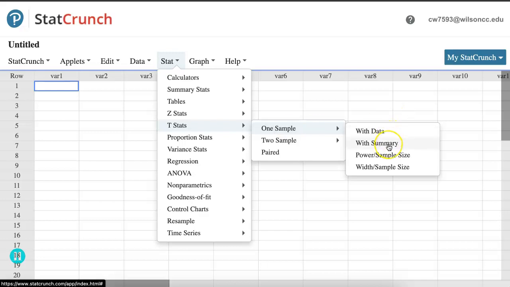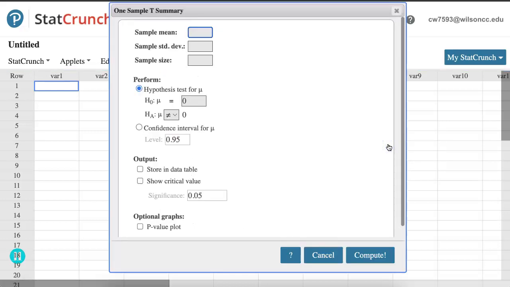And in this case, we have a summary. We were given the mean, standard deviation, and sample size. So we're going to do With Summary. Let's type in that information for sample mean, sample standard deviation, and sample size from the problem that we were presented. Now you do see some other things that you can perform.